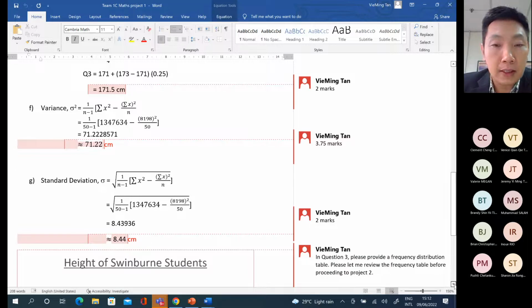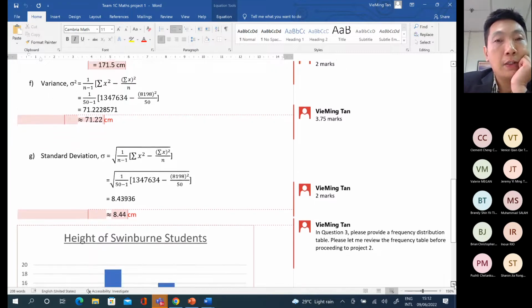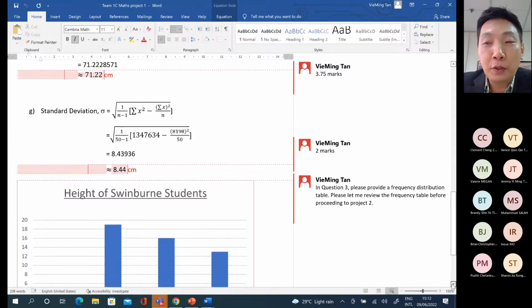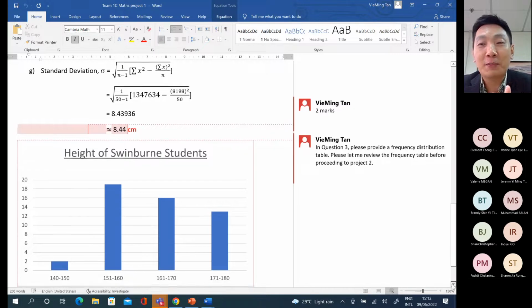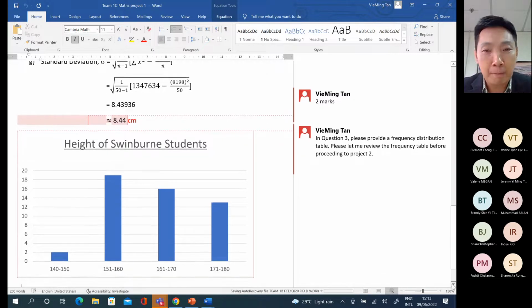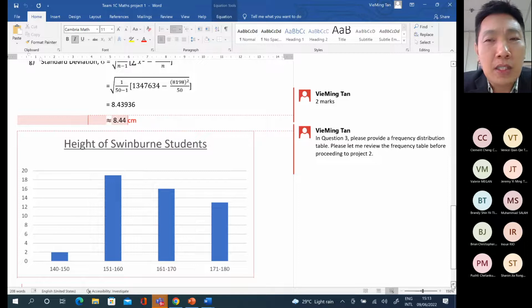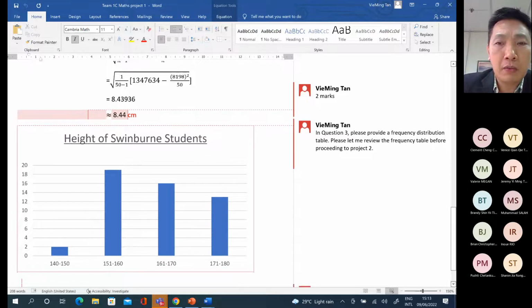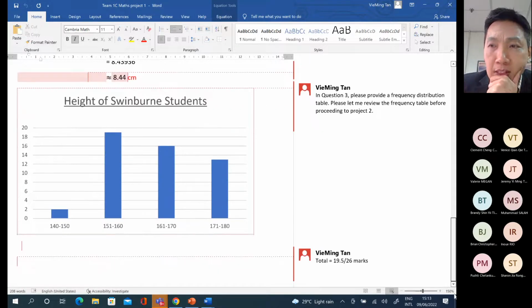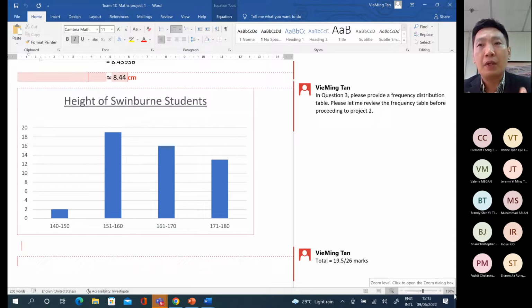Lastly is question 3. For your group, you did not provide any frequency distribution table at all, but you just gave me something more like a histogram. But the question does not require a histogram. So for your group, you need to build the frequency distribution table. You may email me and I will have a look and comment before you proceed to project 2.